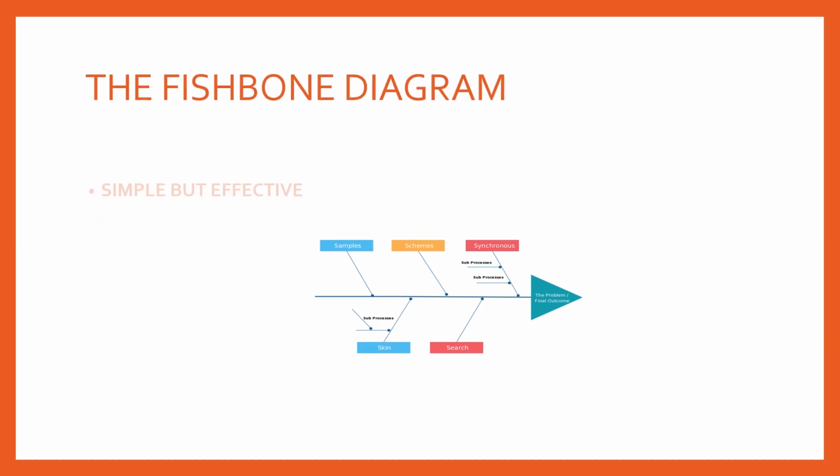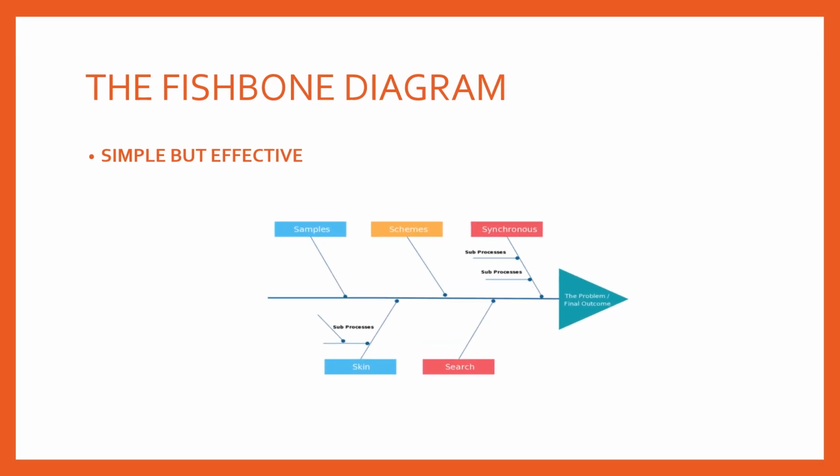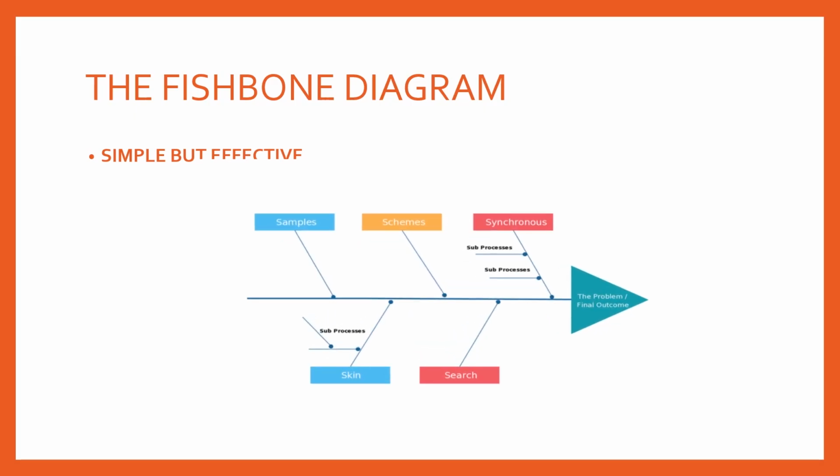Now you can do the analysis, and a brainstorming session can also be done by using this fishbone diagram. It is simple but effective. Suppose a product is formed and there are certain problems in the product. We will try to analyze the material, people, method, all these things, and then subtopics get formed from there.